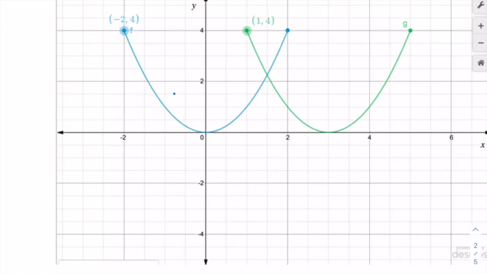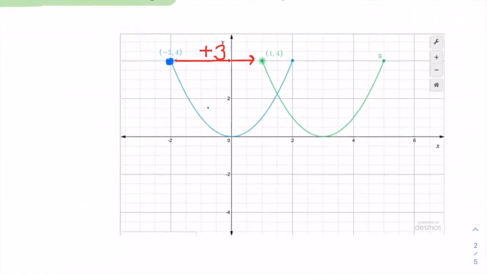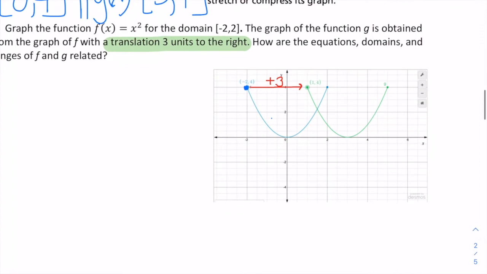We could use this point, (-2, 4), and that gets shifted to the right 3, to (1, 4). So we're going to add 3 to the x. So when we add 3, it's going to be f of x.